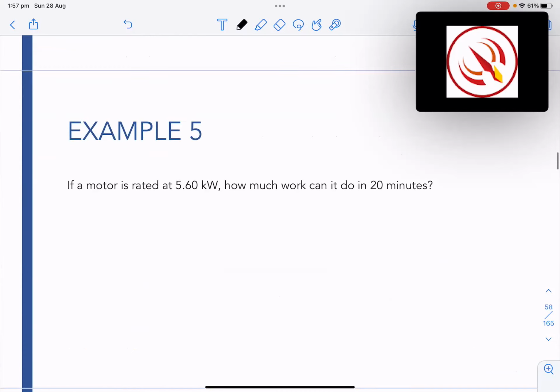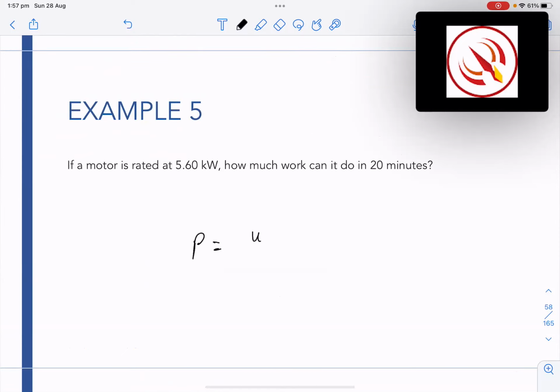We'll do this question as well. A motor is rated at 5.6 kilowatts. How much work can it do in 20 minutes? So power equals work over time, equals 5.6 times 10 to the 3, because we're working in kilowatts, which is a 10 to the 3 factor.